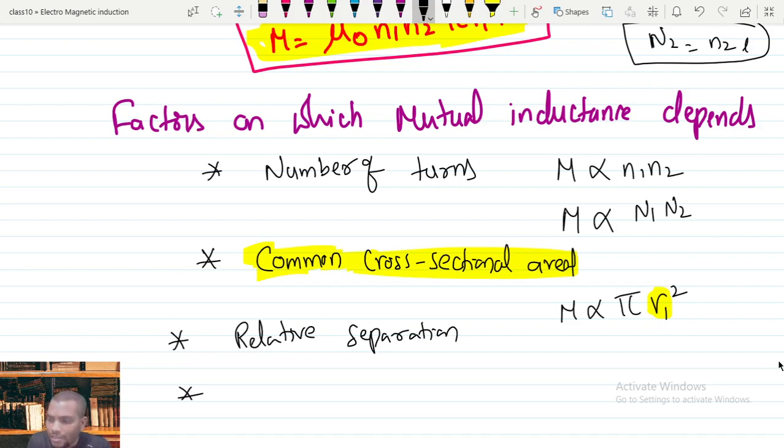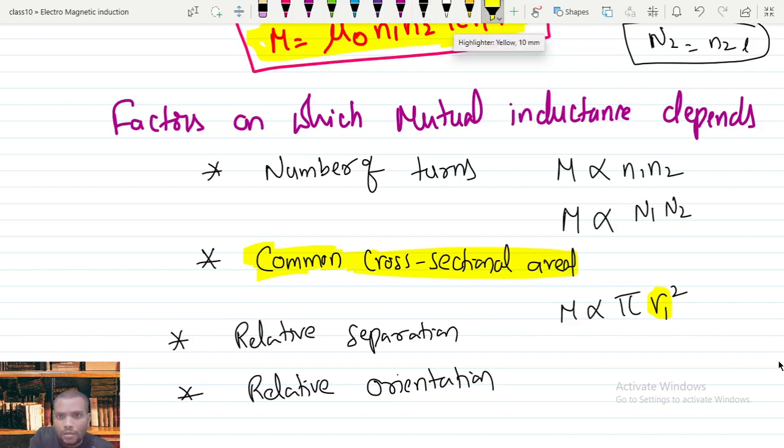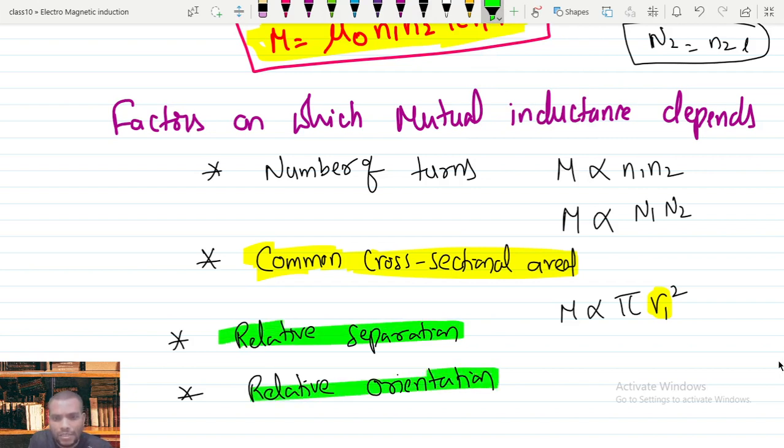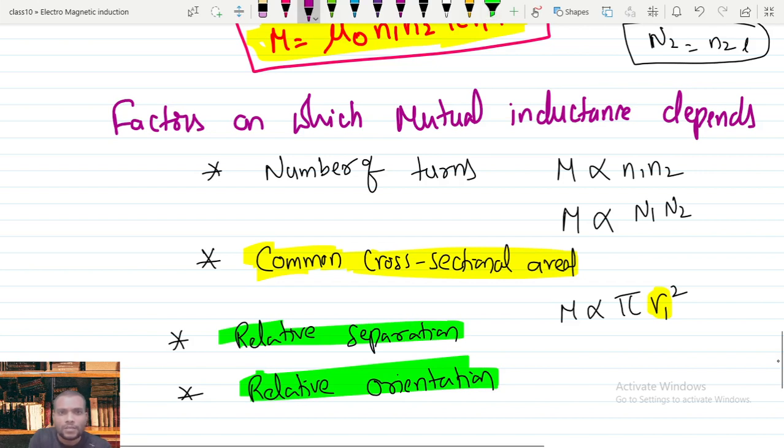And it is also a factor of relative orientation. What does it mean? These two are not included in the formula, so these are external factors. It means if we know the magnetic field, how it will change.